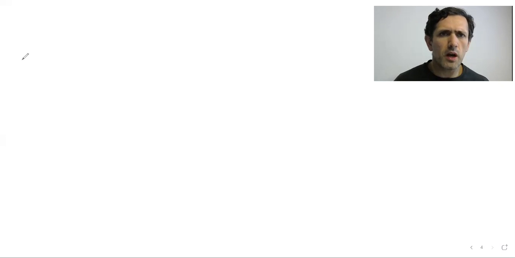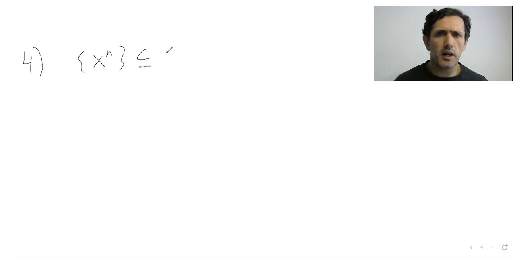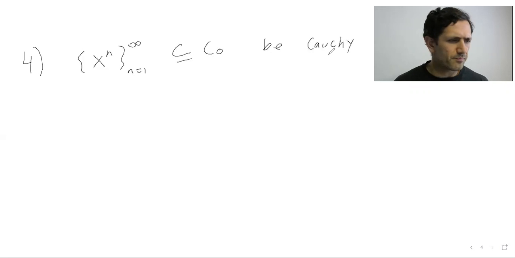Remember C0 is, well, I'm not going to write down exactly what problem 4 is, but let's say we have a sequence of elements in C0, and let's say it is Cauchy.